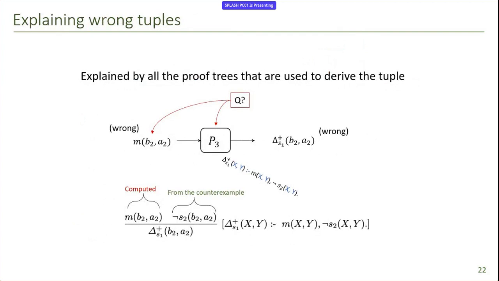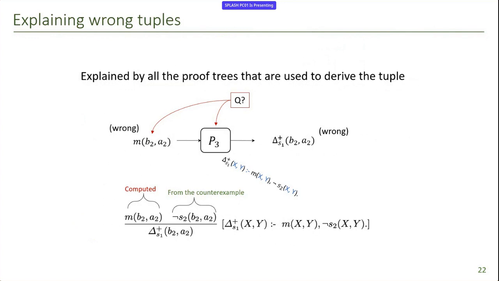For more details on how a ground tuple is explained, here I have an example of a ground tuple insertion of tuple B2, A2 to the source table S2. And the data provenance technique will explain how this tuple is computed. The result is that it is computed by the last rule and by 2 tuples: B2, A2 in the relation M and B2, A2 in the source table S2.